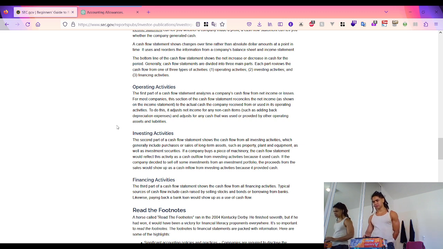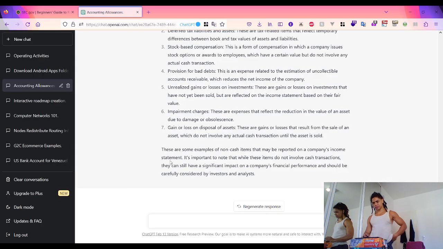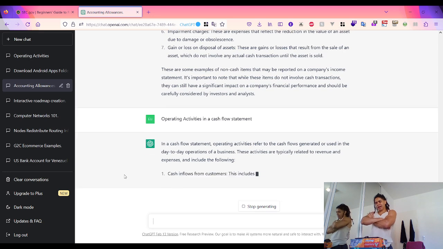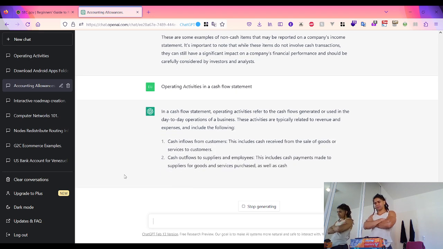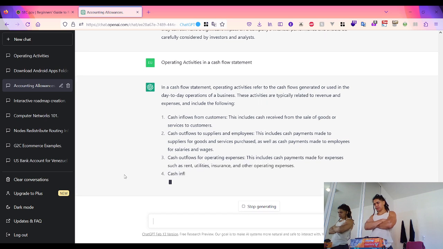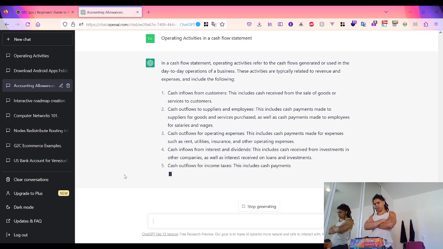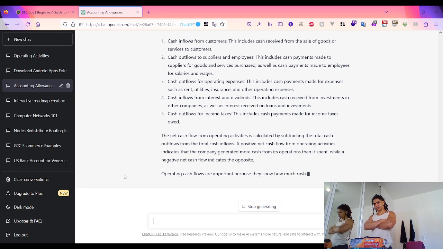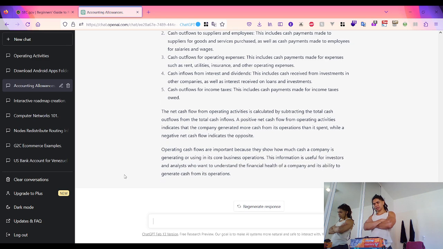So when I look here at the operating activities in a cash flow statement, it is the cash flow used in the day-to-day operation of a business. These activities are typically related to revenue and expenses, including cash inflow from customers, cash outflow to suppliers and employees, cash outflow for operating expenses, and cash outflow for income taxes.